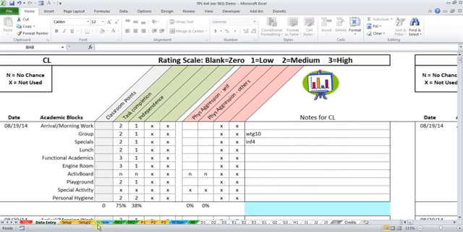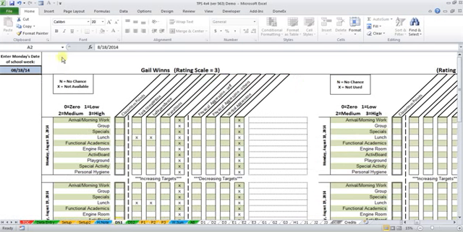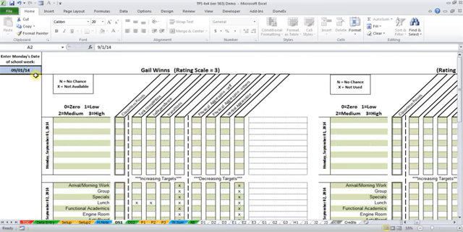Okay. One more thing I want to tell you. Always enter a Monday, even if there's no school. Like, for example, Labor Day. No school. Look what TPS did.